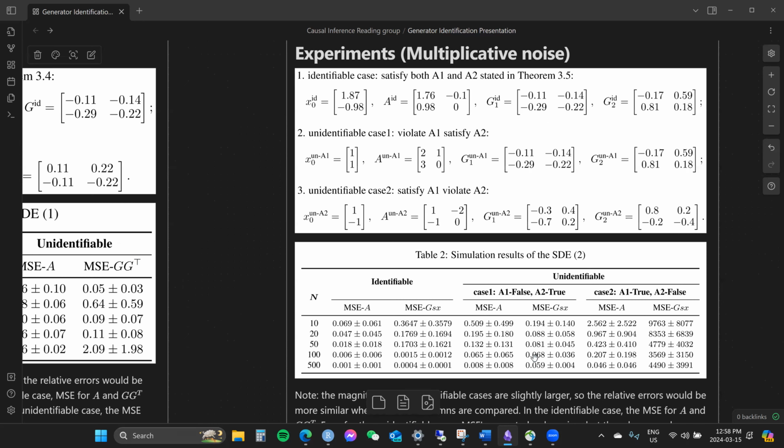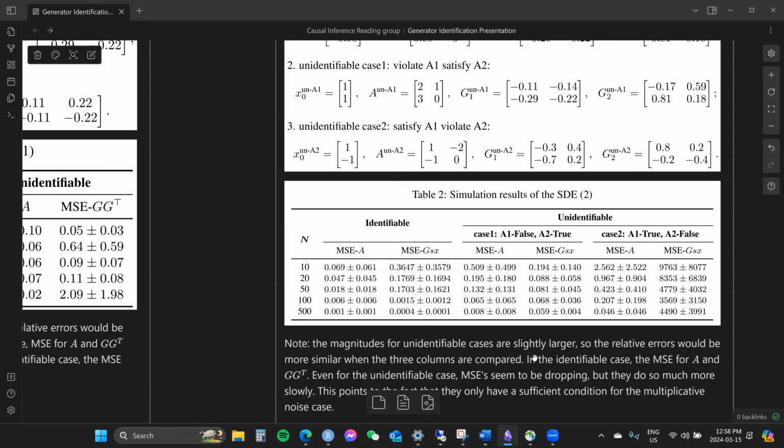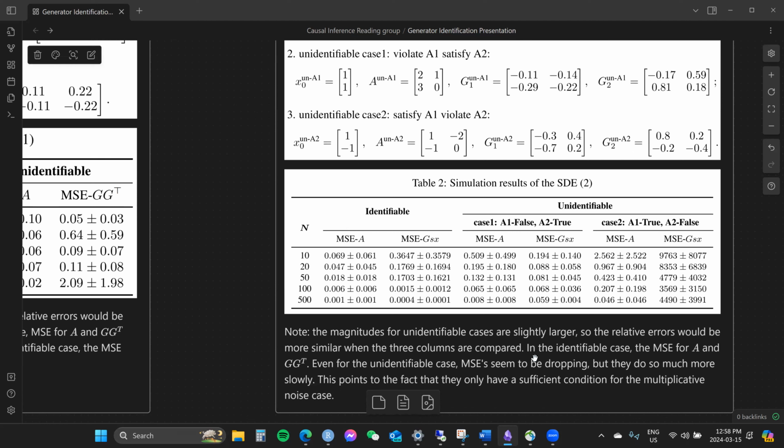Because they only proved sufficiency in the multiplicative case, you can see that even in the unidentifiable cases in these examples, the MSE for A and MSE for G is decreasing to 0, but it starts at a higher point when you only have 10 trajectories, and decreases more slowly.